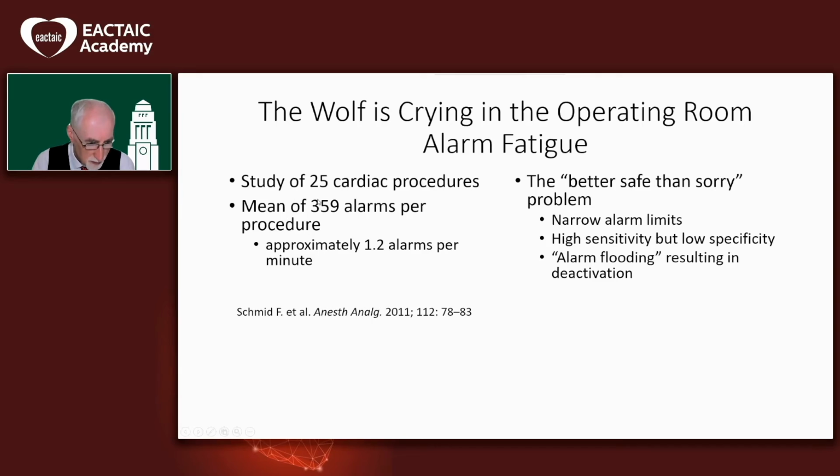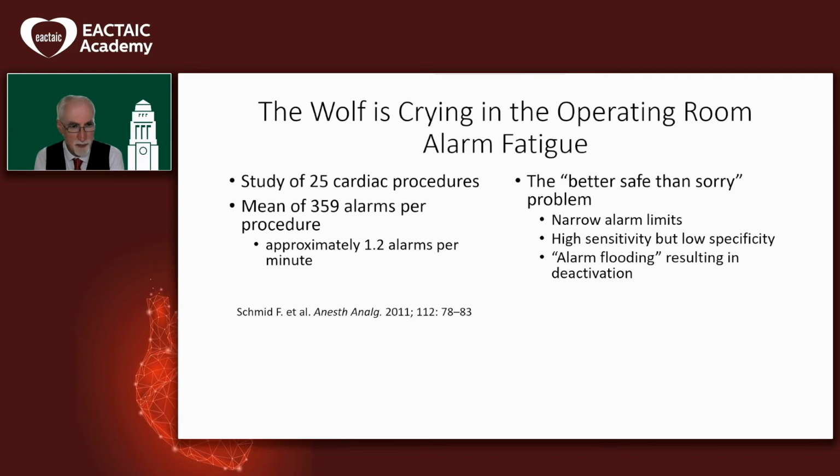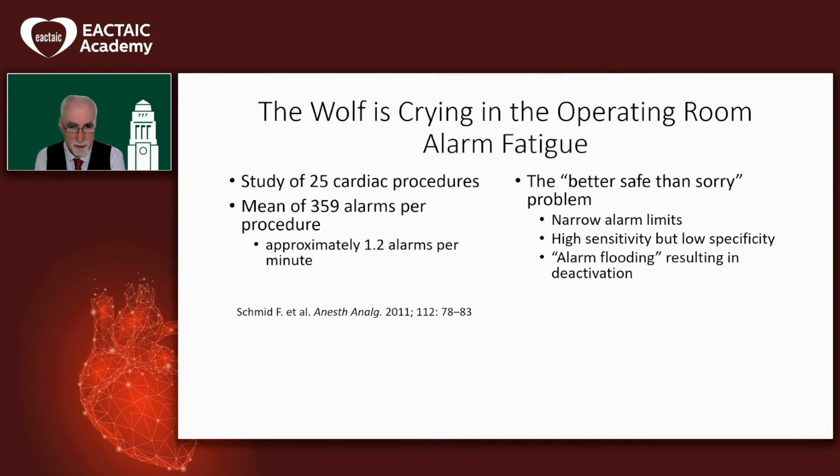And as I said, we endure a lot of alarm noise to the point it's fatiguing and tiring. So in one study with 25 cardiac procedures, the alarm rate averaged out at about 1 alarm per minute.